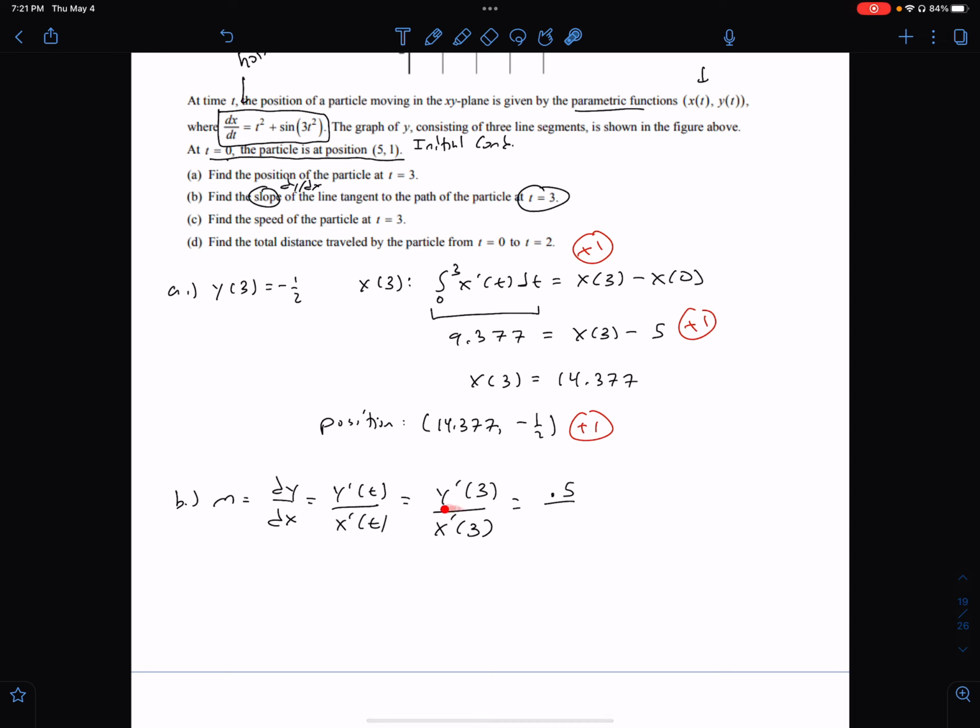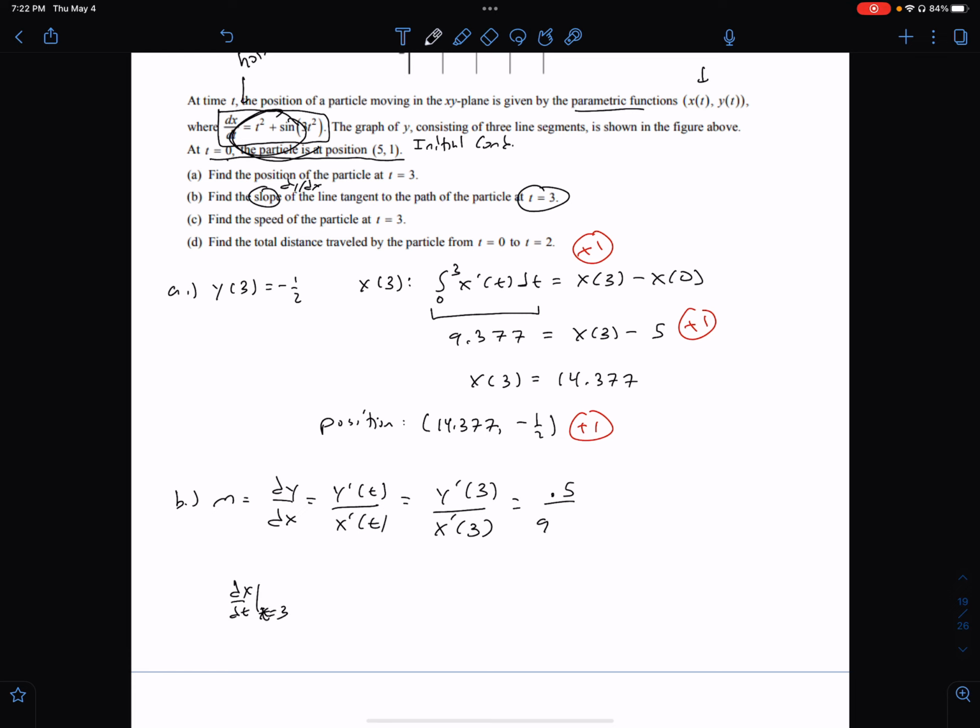Okay, so next we need to get x prime of 3. To do that, we plug that into our equation. Now I'm just going to use my calculator here. So x prime of 3, if we type that in our calculator, it would be like dx/dt at t equals 3.